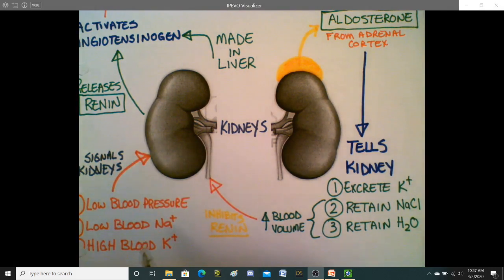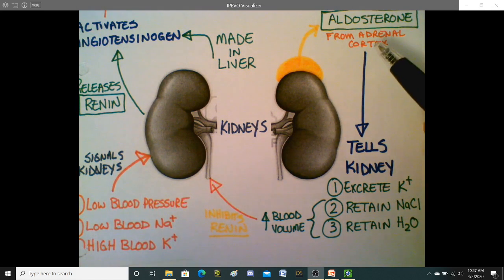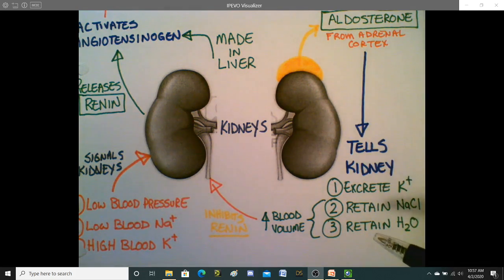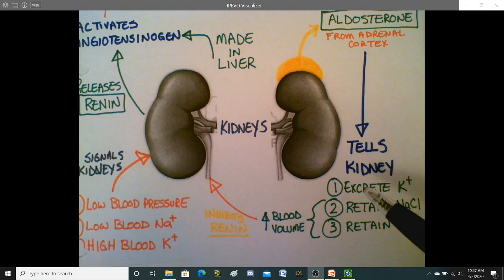And then something that's not really related to our topic of blood pressure, but if we have a high blood potassium level, ultimately this aldosterone is going to tell the kidneys to dump excess potassium and put it into the urine so that we can excrete it out as a waste product.